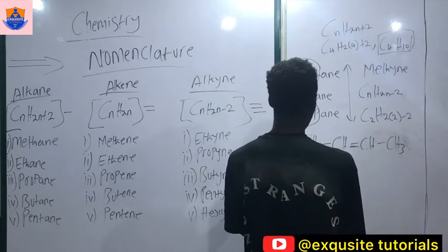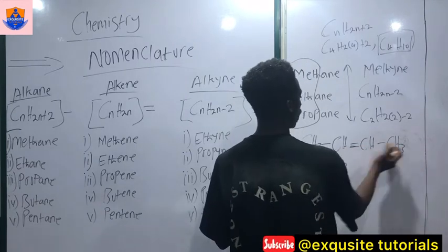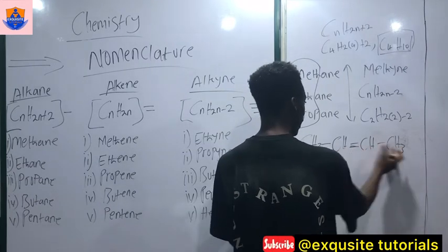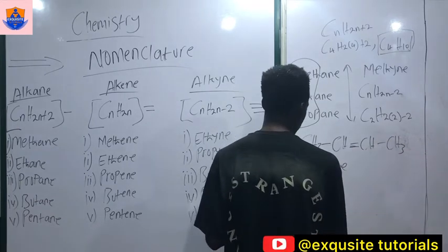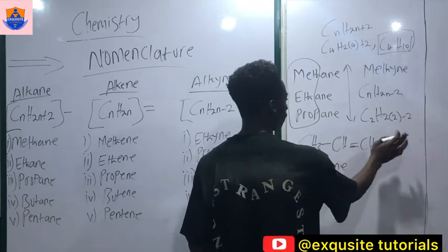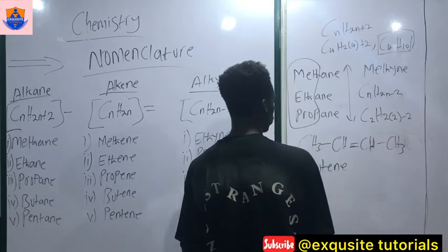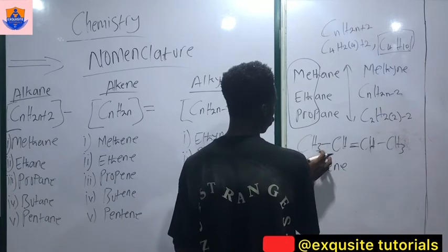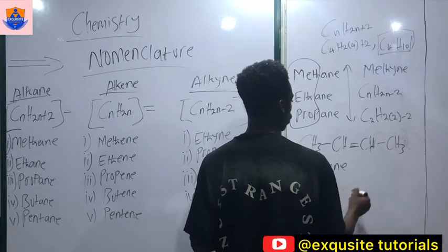So we have 2 carbons before the double bond from the left side, 2 carbons before the double bond on the right side. So now this should be butene because we have 1, 2, 3, 4. Then how many hydrogens? We have 3 plus this, which is 4 plus 4.